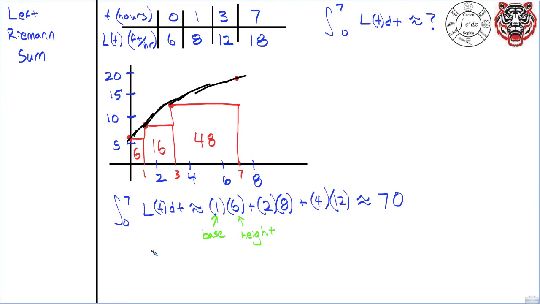That is a very key thing for a left Riemann sum. So the left Riemann sums are always an under. This approximation is less than the actual integral 0 to 7 of L(t) dt.